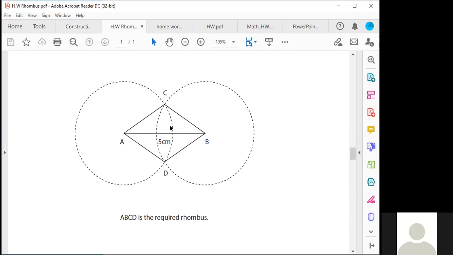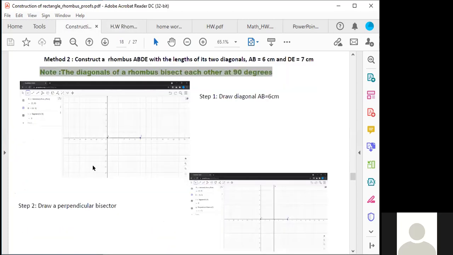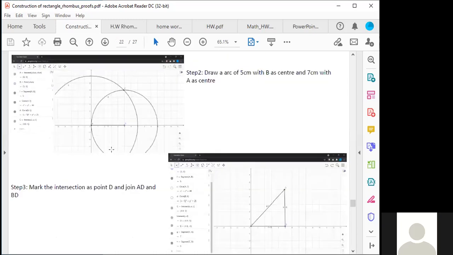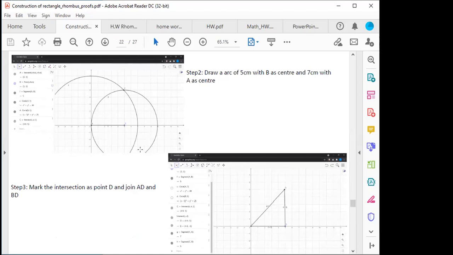Okay. Now, here is somebody who did it in a different way by starting with the side. This person first started with the side, then used two arcs or two circles, one with the radius equal to the side, on the right, and another circle or arc with the radius as the diagonal.